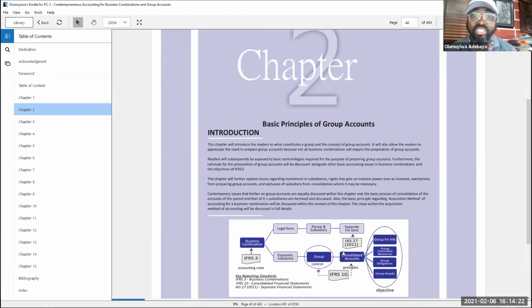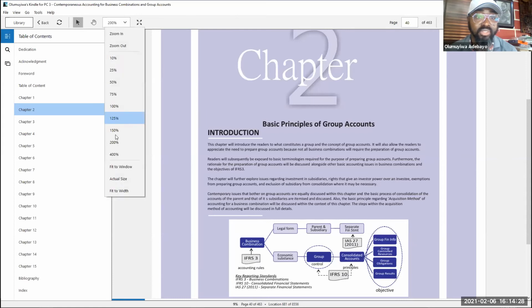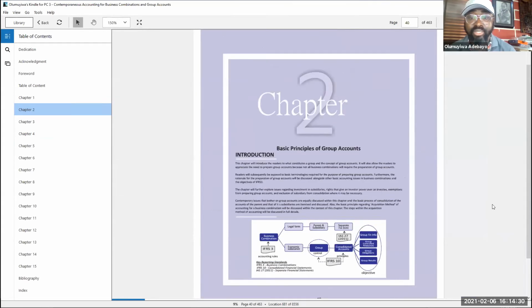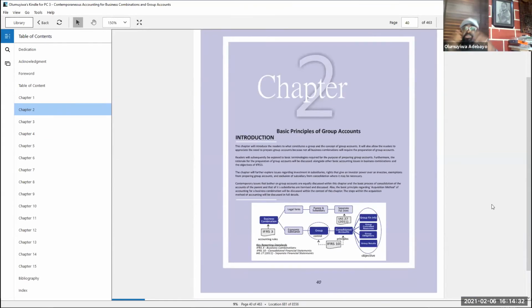Since we've now understood what leads to the preparation of group accounts, the next journey is to say, okay, what process do we need to consider or pass through in order to meet the requirement of preparing and presenting group accounts in line with the International Financial Reporting Standards?